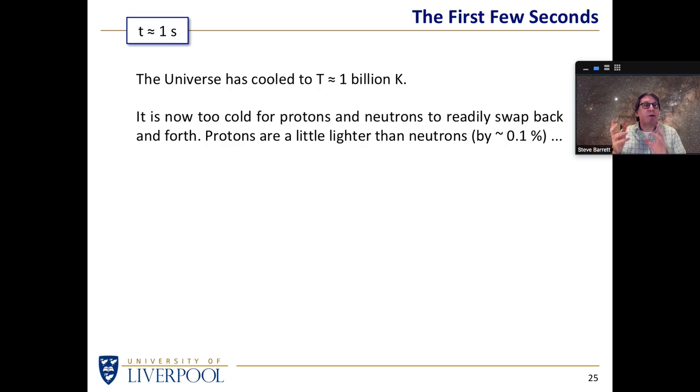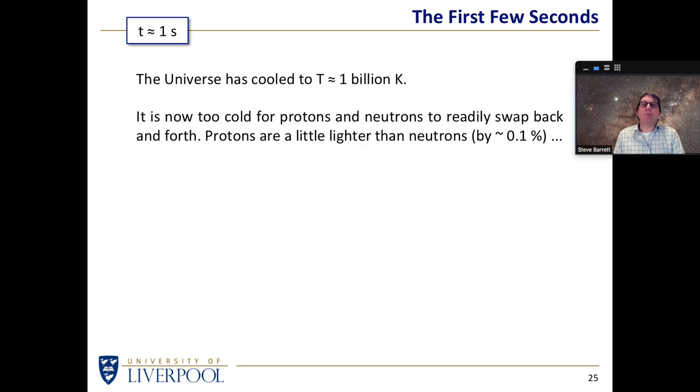And that can happen if there's enough energy. But now that we are at 1 second, the universe has cooled to a mere 1 billion Kelvin, and that's not hot enough for the quarks to readily swap backwards and forwards so that protons can readily swap into neutrons and neutrons can swap into protons. So we're now getting to the point where the universe is too cold for protons and neutrons to go backwards and forwards and swap into each other.